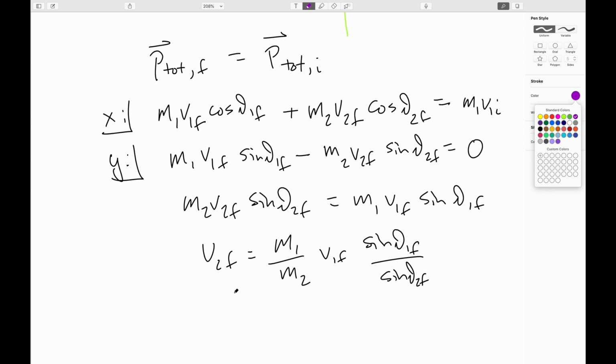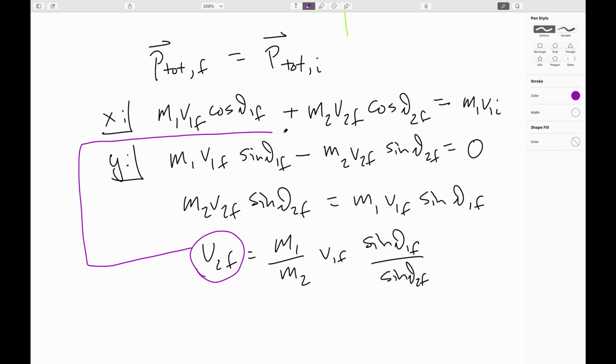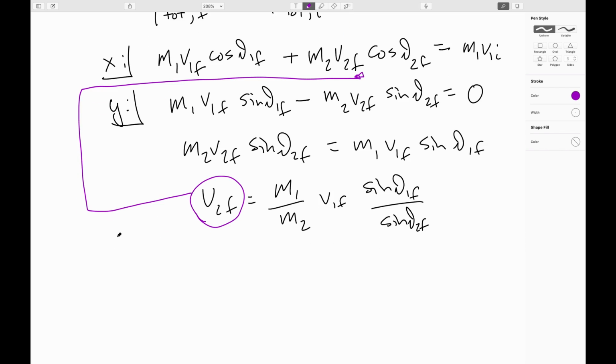So anyway, let's go ahead and take my formal solution for v2 final and stick it in here. So now this will give me an equation in v1 final. It's not going to be terribly pretty, but here we go. So we'll start by just writing the equation. We've got m1 v1 final cosine theta 1 final plus m2 from here. Now I need to put all of this in for v2 final. And then remember there's still a cosine theta 2 final waiting for me at the end.